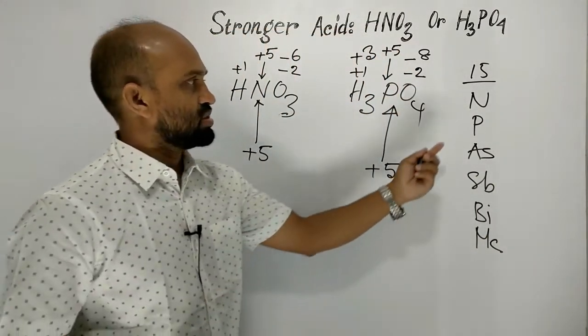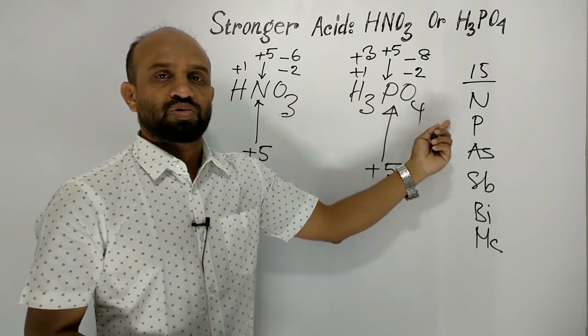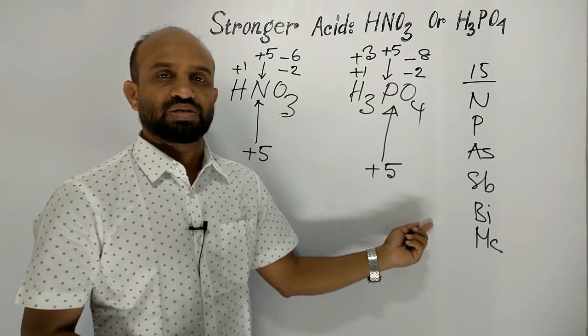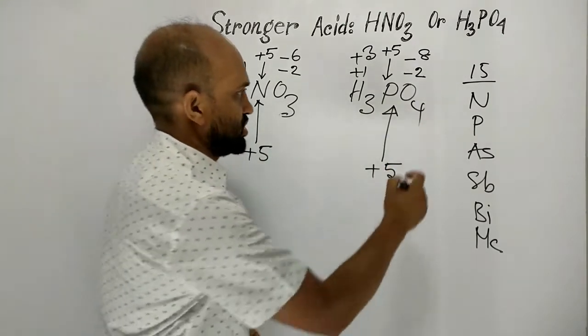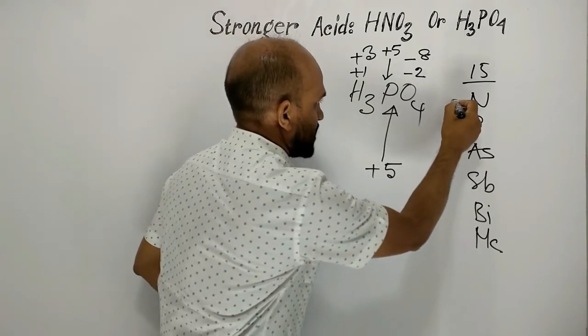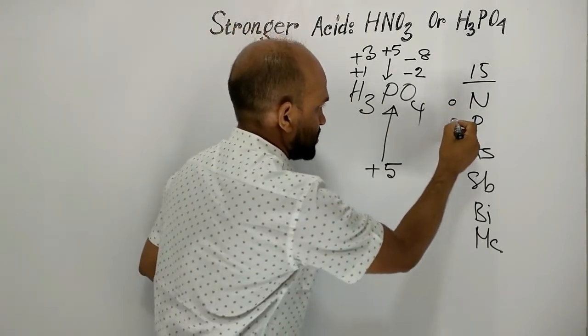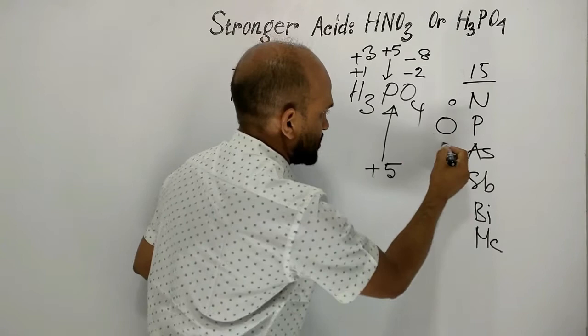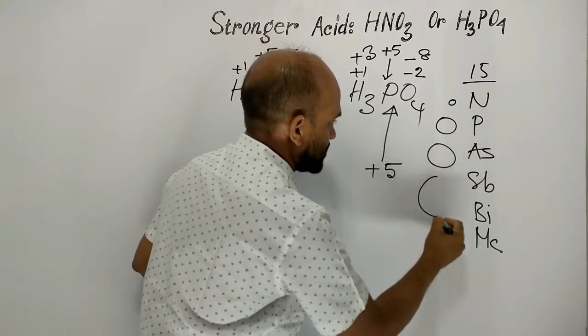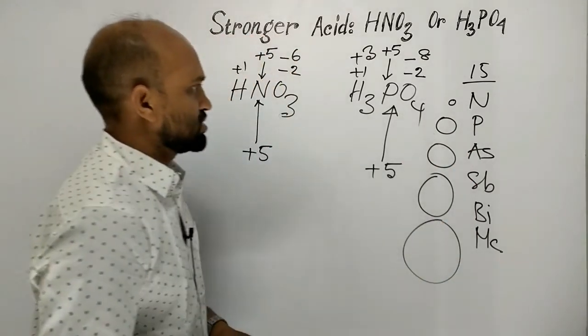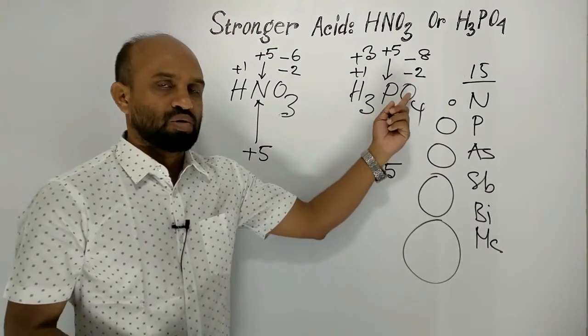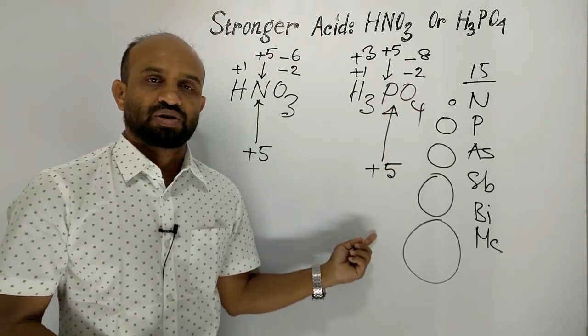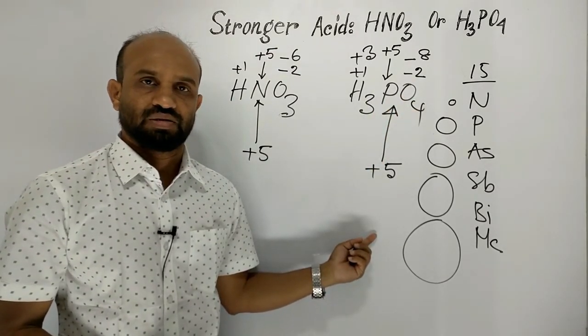We know that from top to bottom atomic sizes increase in this way. Suppose this is an atom of nitrogen, this is phosphorus, this is arsenic, like this. That is, from top to bottom atomic sizes increase.